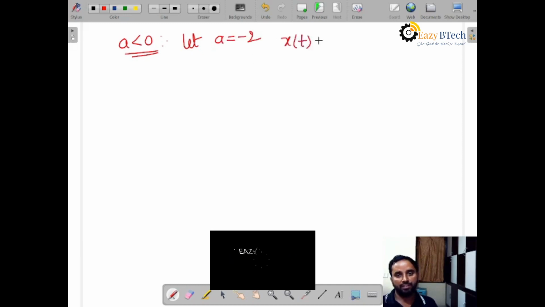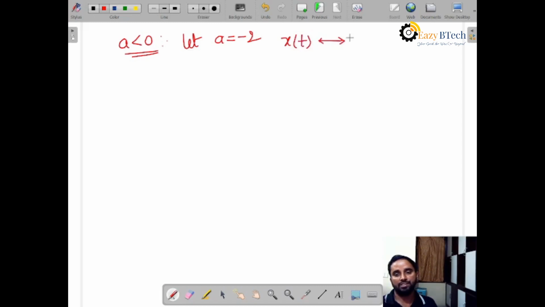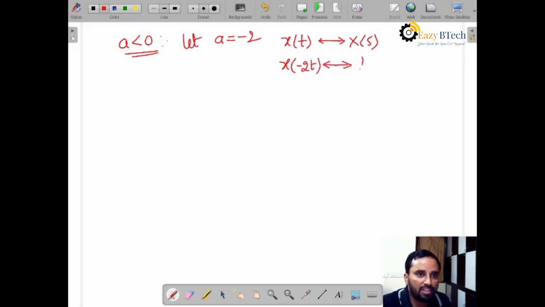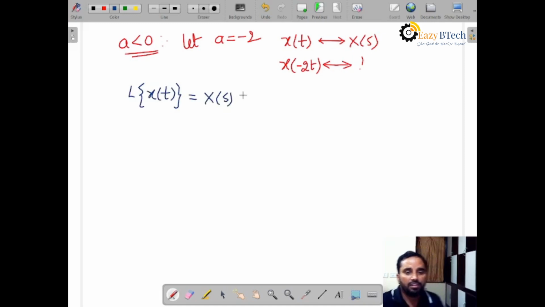Now the statement: the Laplace transform of x(t) is X(s). Then the Laplace transform of x(minus 2t) is how much? We can now find the answer. As per the Laplace transform formula, first we write the Laplace transform of x(t), which is X(s), equal to the integral from minus infinity to plus infinity of x(t) e to the power minus st dt.